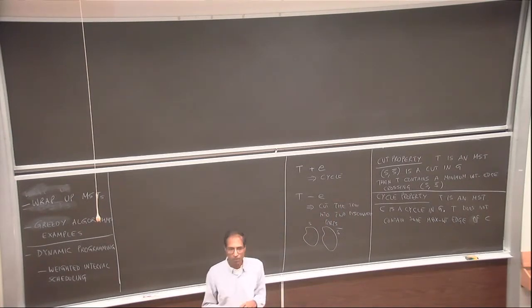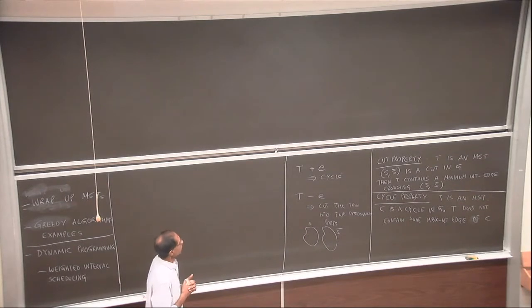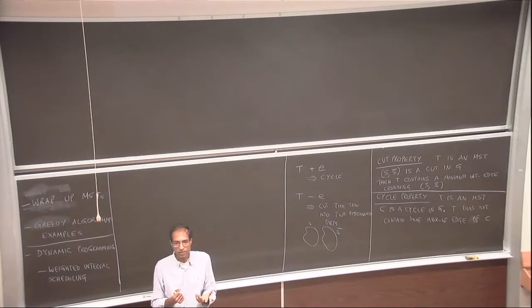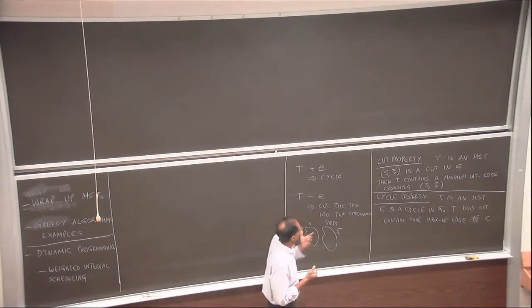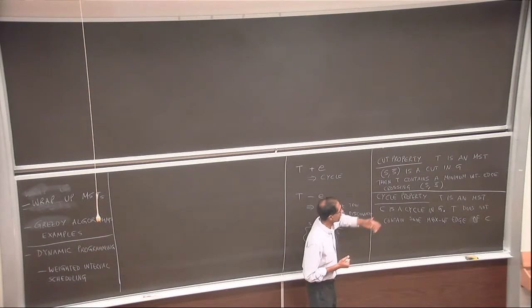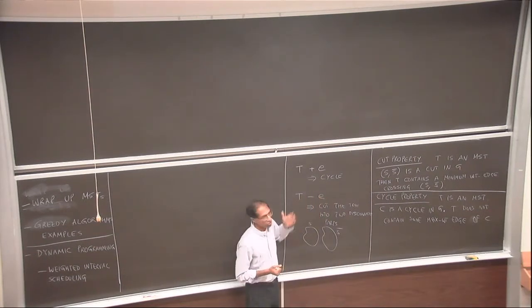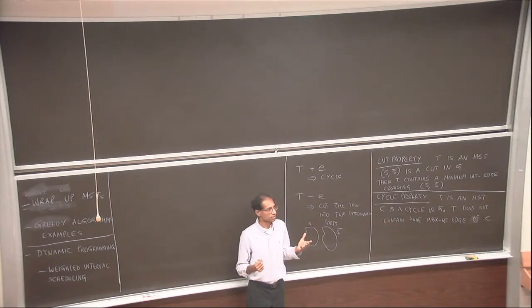Whenever you're given something to reason about minimum spanning trees, essentially the idea is that you can try to invoke the cut property, the cycle property, add an edge to the tree, remove an edge from the tree, and things like that. That's basically the kind of arguments you would try to make.